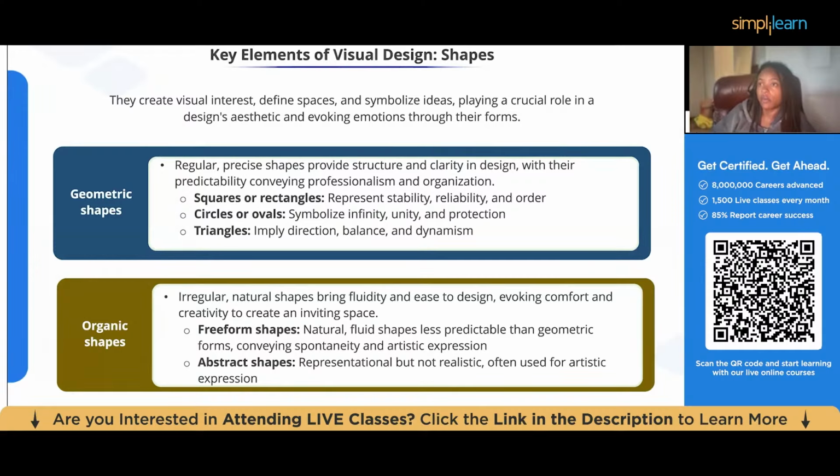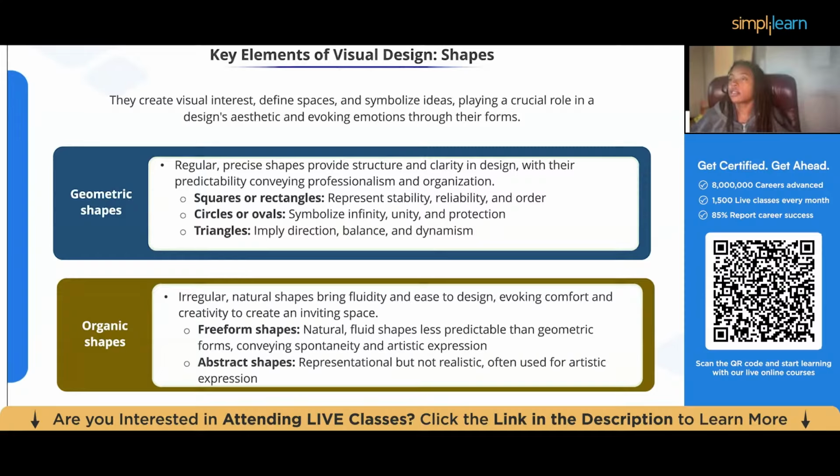Geometric shapes are described as regular, precise shapes that provide structure and clarity in design, with their predictability conveying professionalism and organization. Squares and rectangles represent stability, relatability, and order, whereas circles and ovals symbolize infinity, unity, and protection. And then, last but not least, triangles imply direction, balance, and dynamism.